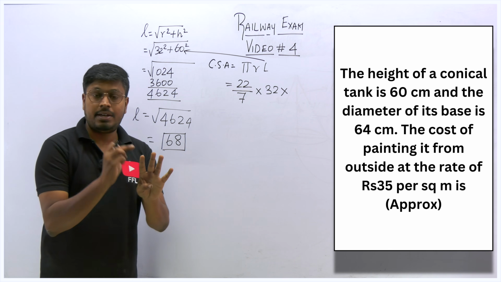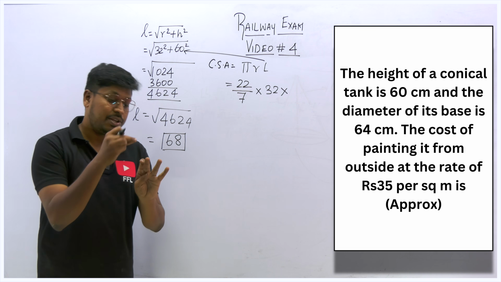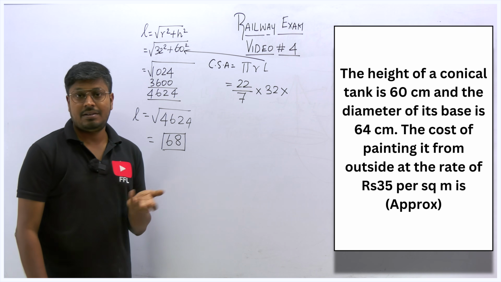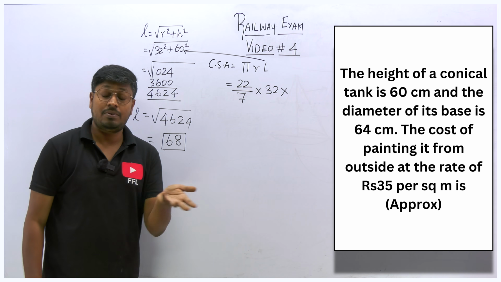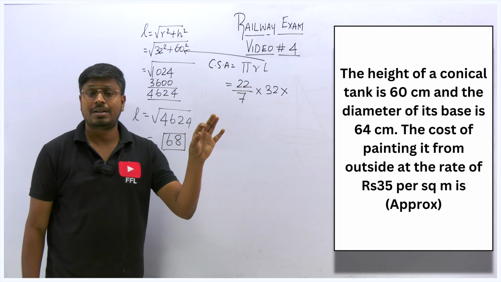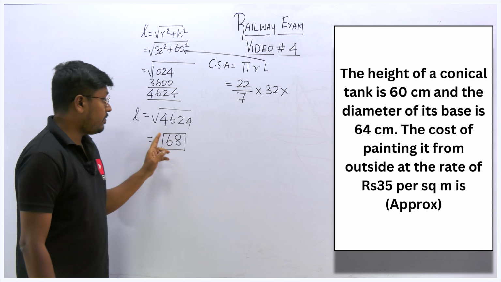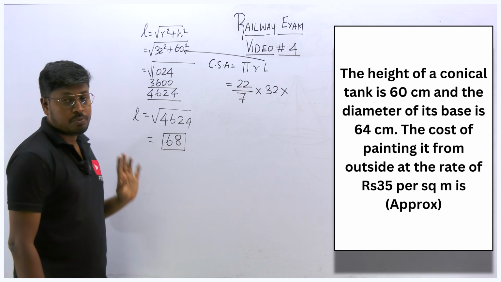I have taught how to solve questions using the square root and cube root shortcuts, everything in my channel. Search for it, the first video itself I think I have posted on it. You can search for the shortcut to find a square root on my YouTube channel and you will get my video. So don't forget to learn the square root shortcut and cube root shortcut.